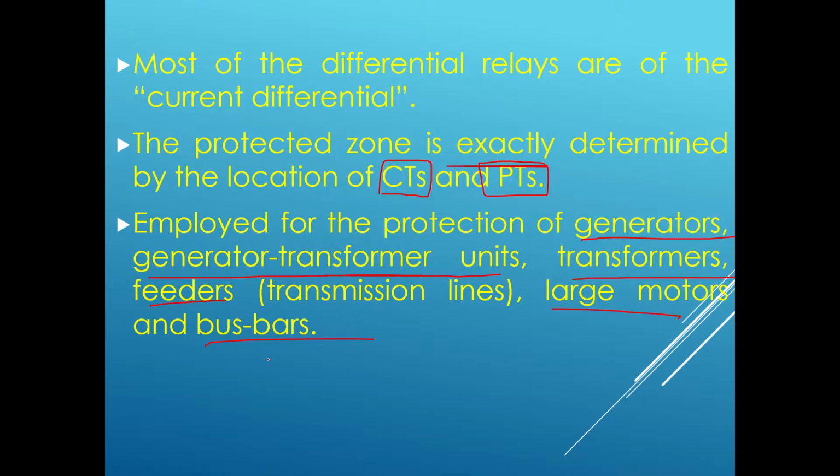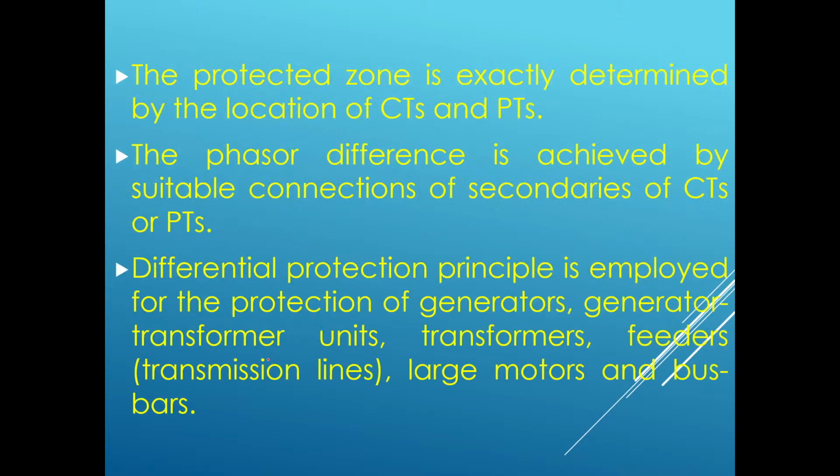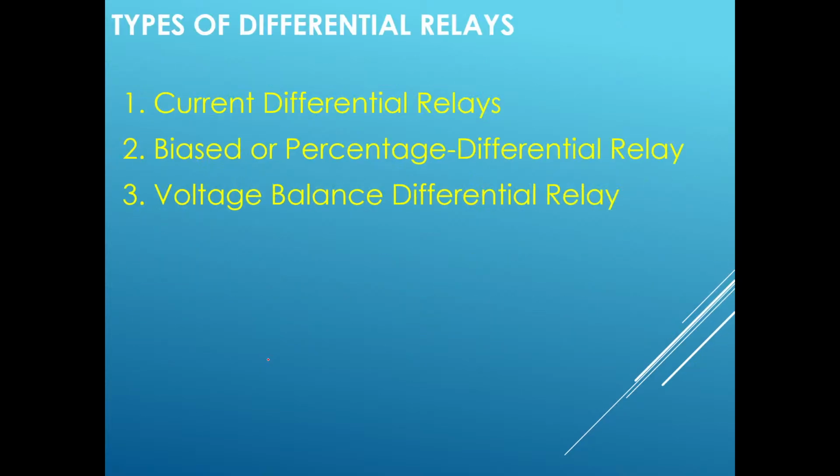So there are different types of differential relays. Let us see those differential relays. The types of differential relays are current differential relay, biased or percentage differential relay, and voltage balanced differential relay.